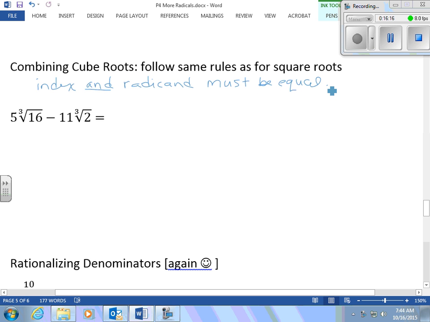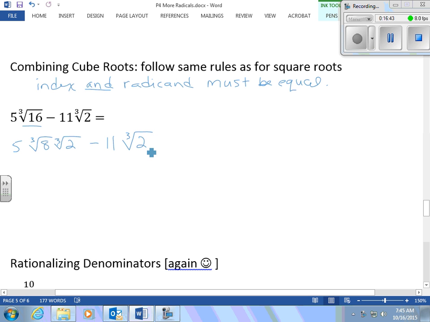Okay, so these are both cubed roots, so we want to see if we can simplify that cubed root of 16 so that we can combine those. So if you think about perfect cubes that go into 16, 8 is one of them. So this is equal to 5 times the cubed root of 8 times the cubed root of 2 minus 11 times the cubed root of 2.